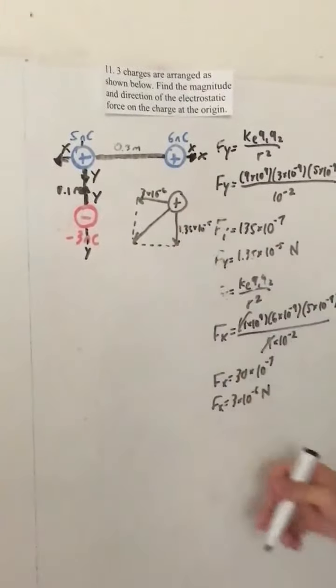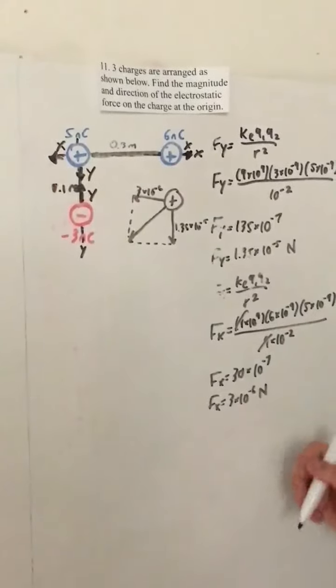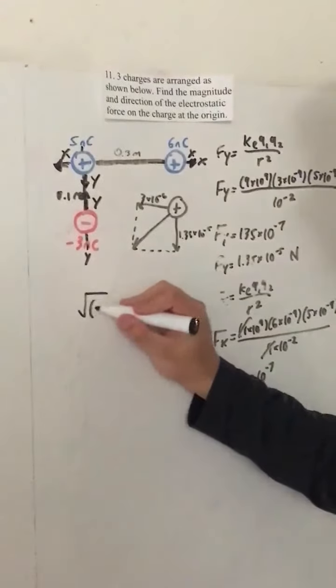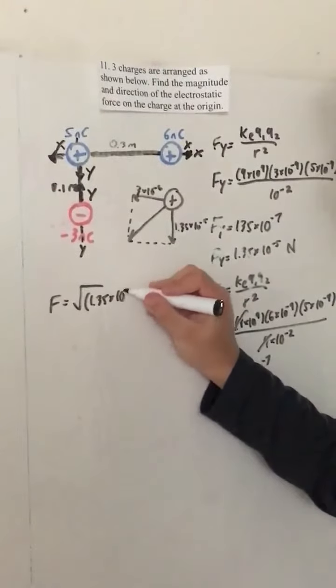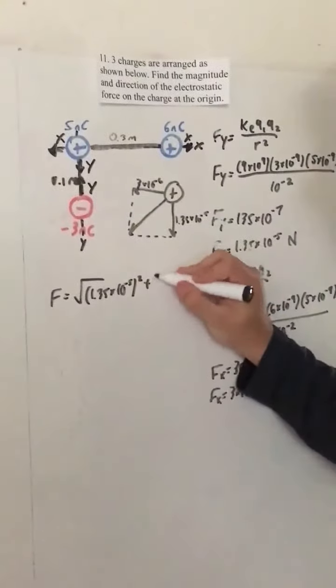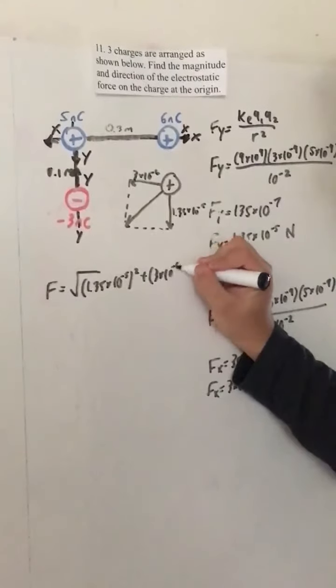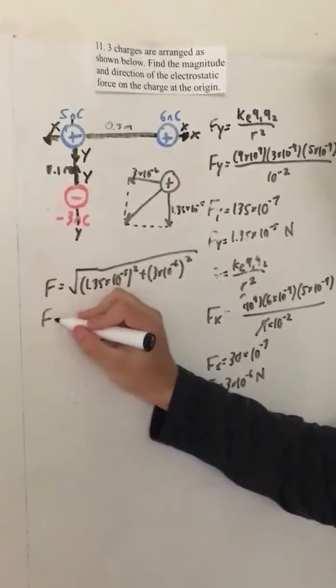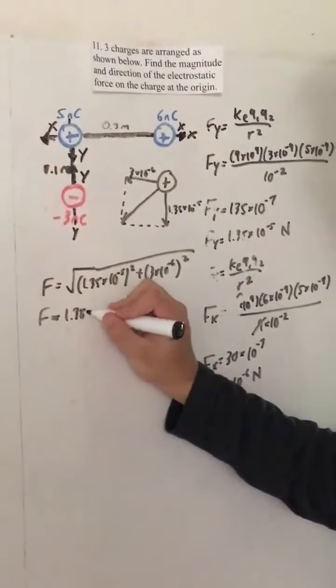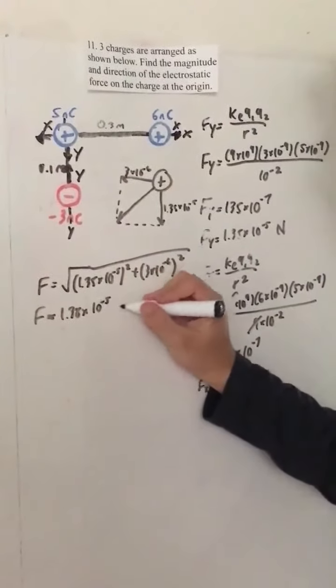This is what we want to figure out. So first, we do the Pythagorean theorem, which is 1.35 times 10 to the minus 5th squared plus 3 times 10 to the minus 6th squared. Take the square root of that, and we get approximately 1.38 times 10 to the minus 5th newtons.